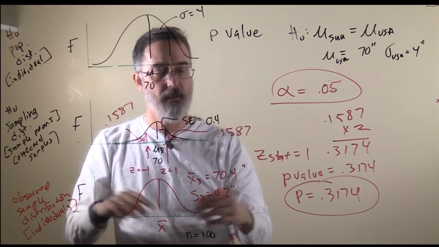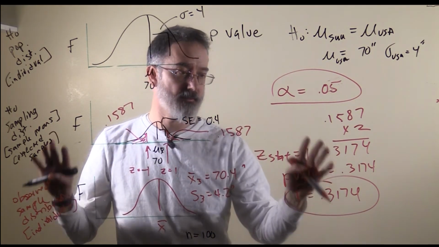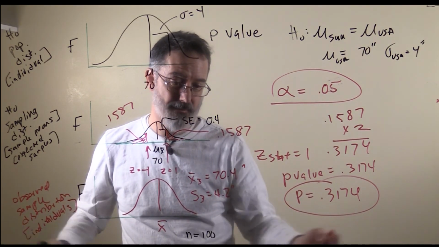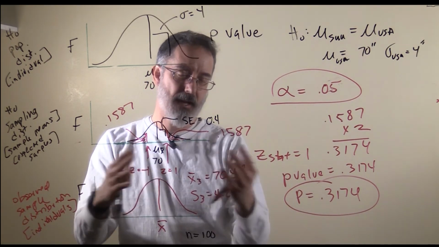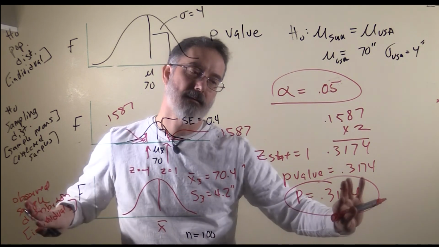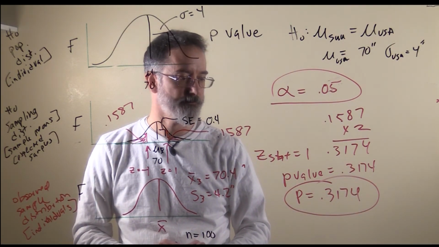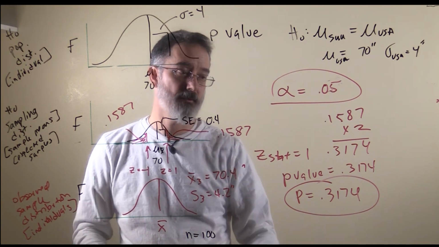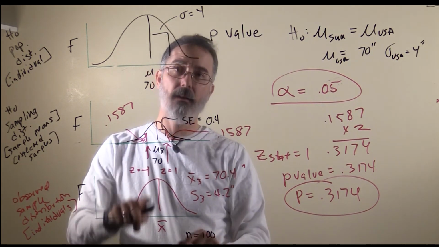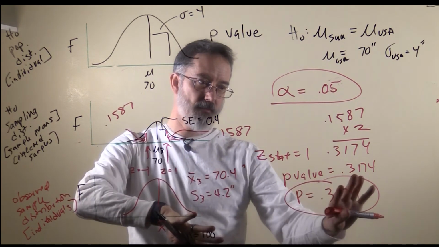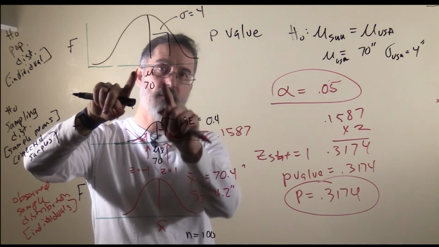And because it's a common sample, if the null hypothesis is true, we can't reject the null hypothesis. This is the kind of data that's actually not very inconsistent with the null hypothesis. It's pretty consistent with the null hypothesis. Remember, we just fail to reject the null hypothesis. We don't actually know that our sample came from this population.